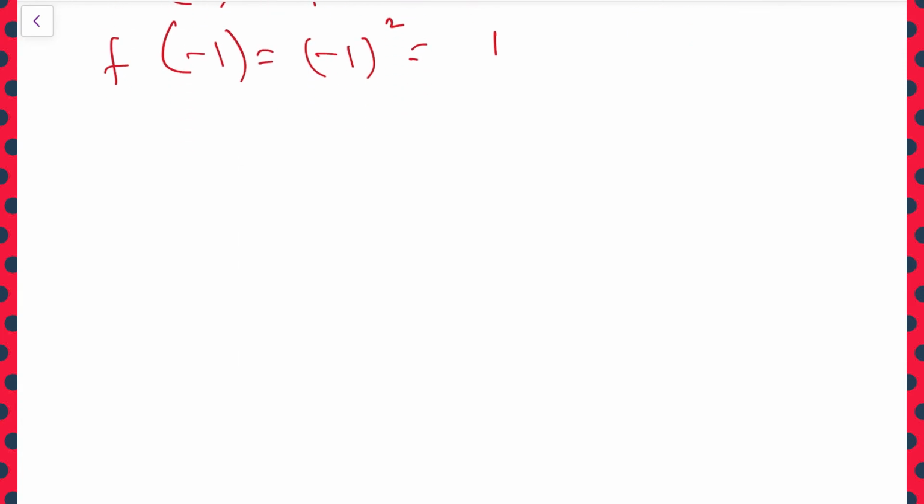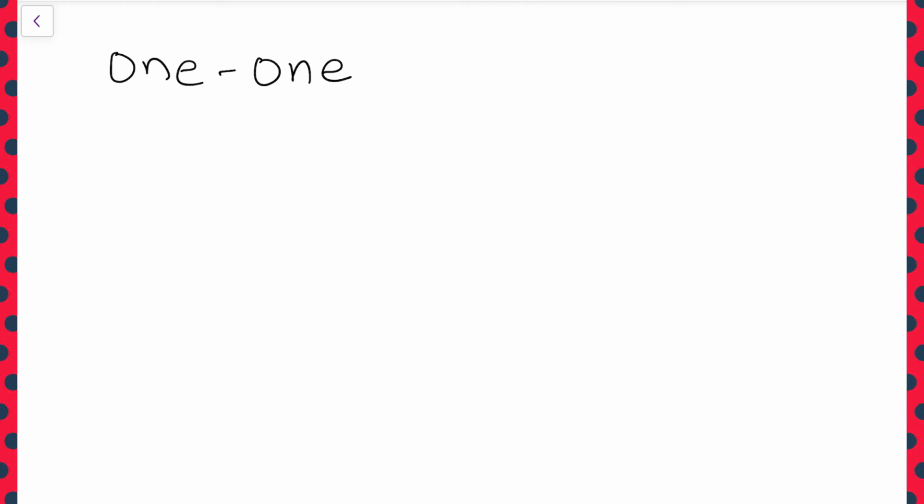Okay, next, before going to the next example, let's have a discussion about types of functions. He is discussing only 3 types of functions, so I am also going to discuss only those 3 types.